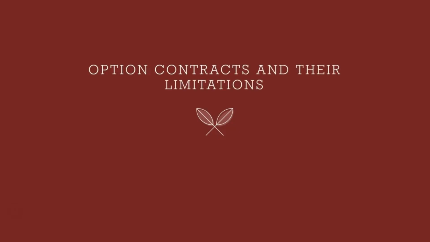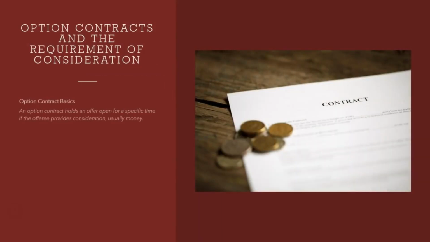Option contracts. Option contracts hold an offer open for a specific time if the offeree provides consideration, which is usually money. This is a classic real estate transaction, a classic car purchase transaction. Maybe some money put down on the car they're thinking about buying, but they want to make sure they do a little more shopping around.